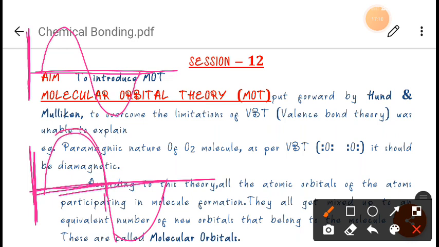Suppose in the second case, the electron waves of these two combining atoms oppose each other. The crest of this meets the trough of this, and the trough of this meets the crest of this. The crest of one wave overlaps the trough of the other.